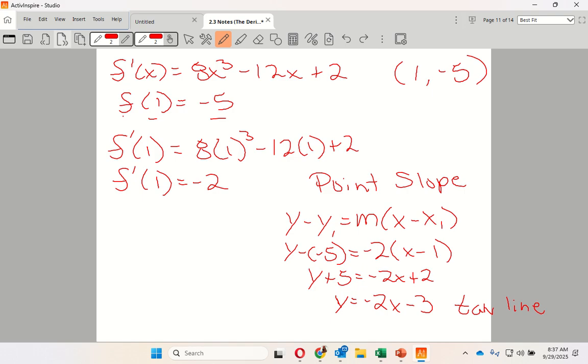So if this is my tangent line, my normal line is perpendicular to that. That's a symbol for perpendicular. And if negative 2 is my slope, my opposite reciprocal is going to be a positive 1 over 2. The opposite reciprocal of the slope of the tangent line. Yes.